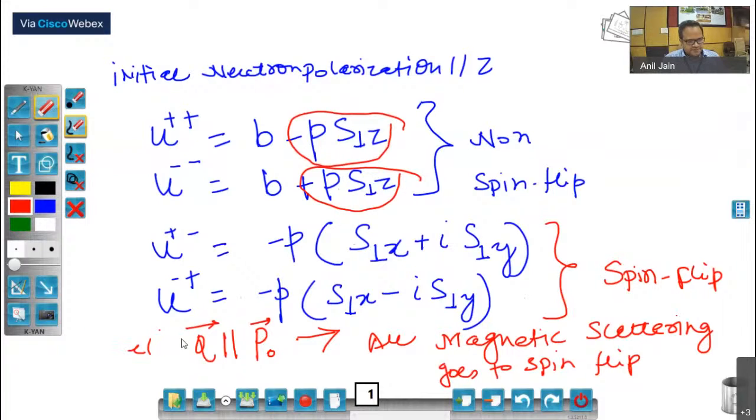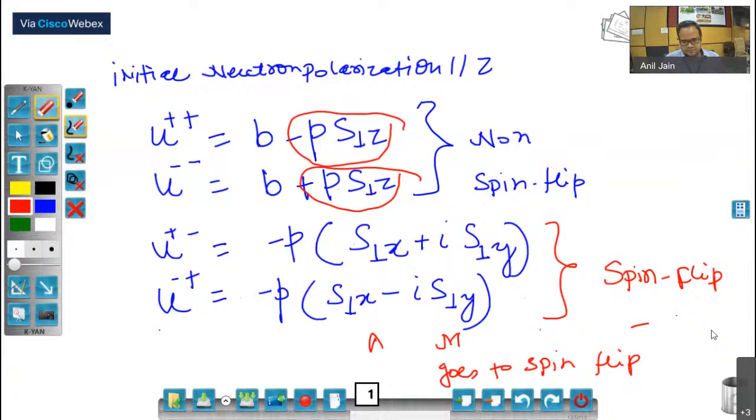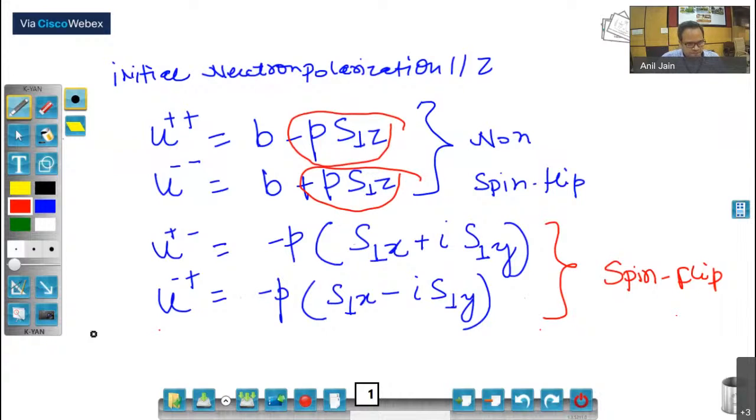Case 2 is, suppose Q is perpendicular to the neutron beam polarization and this S vector is parallel to the P naught and is parallel to the Z axis.